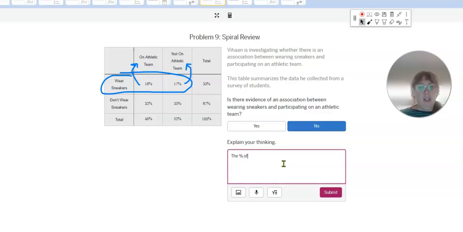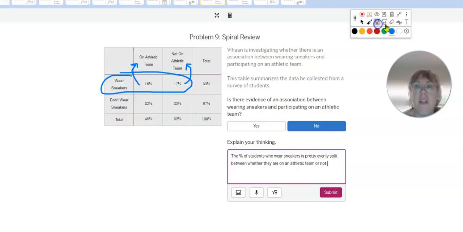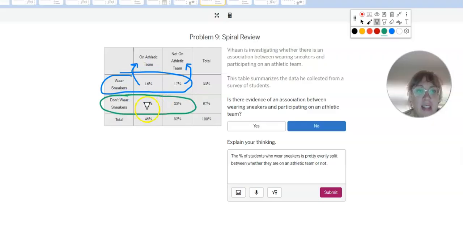The percentage of students who wear sneakers is pretty evenly split between whether they are on an athletic team or not. We can also look at who don't wear sneakers, and these percentages are pretty similar too. So it's kind of half and half.